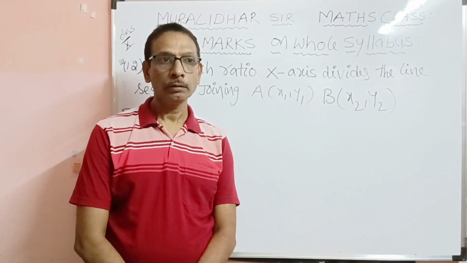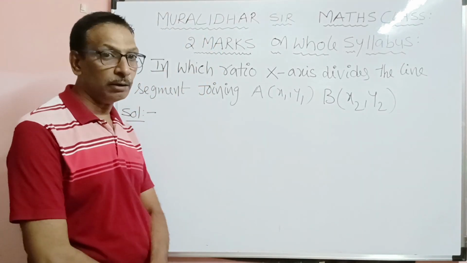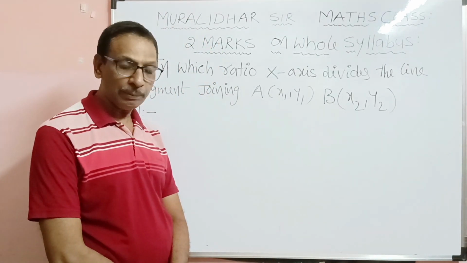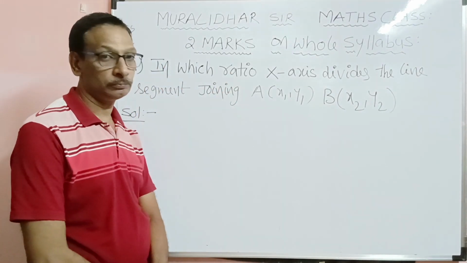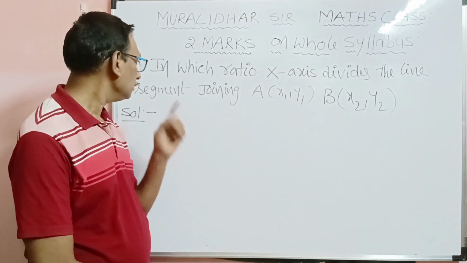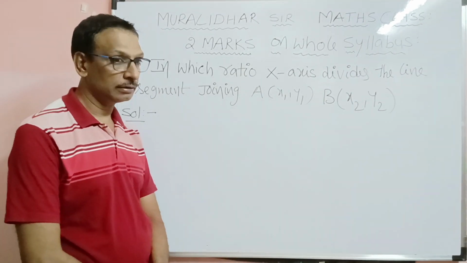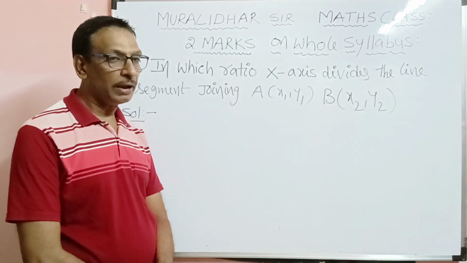Now one more problem. This is from coordinate geometry. In which ratio does the x-axis divide the line segment joining A(x1, y1) and B(x2, y2)?